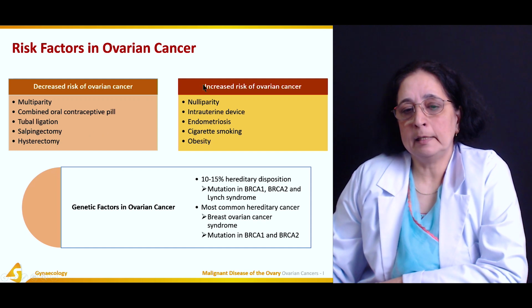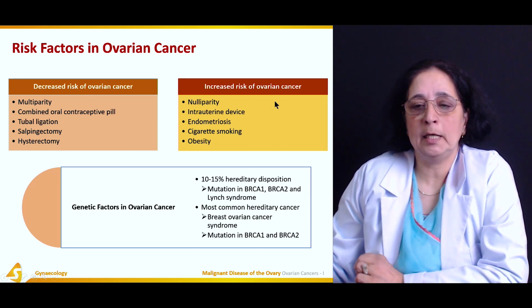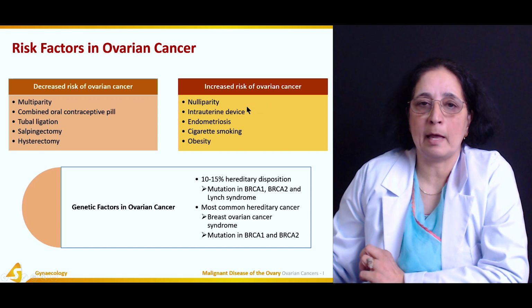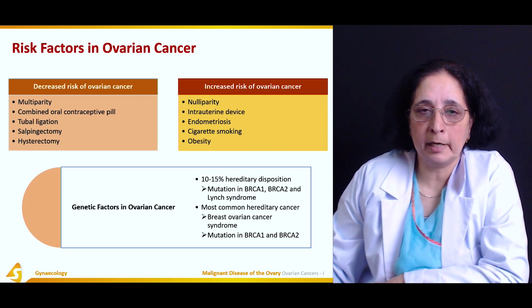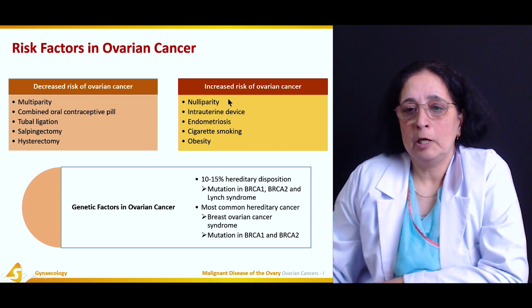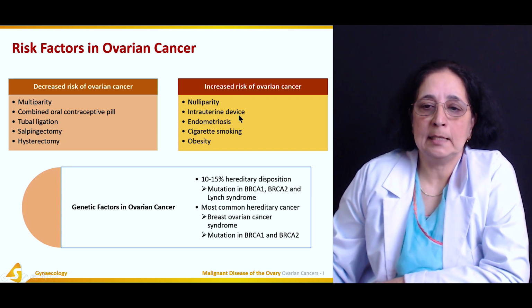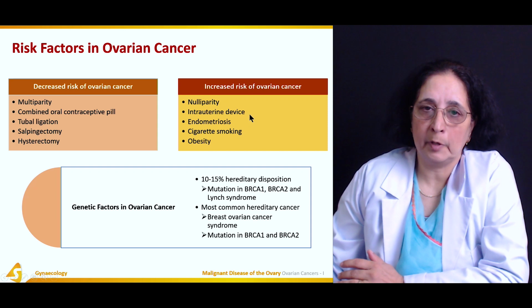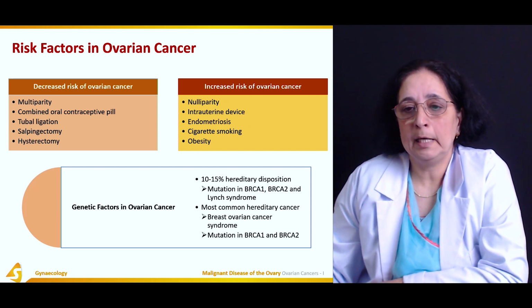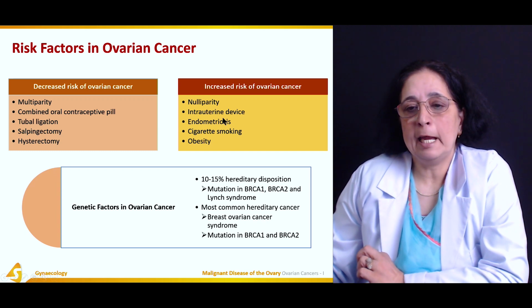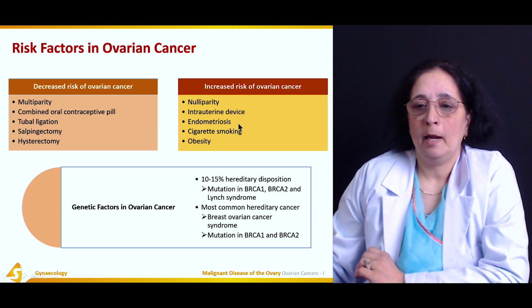Some factors that increase the risk of ovarian cancer: nulliparity, which is females who never give birth. Intrauterine devices, IUDs, used for birth control, also cause increased risk of ovarian cancer. Similarly, endometriosis.